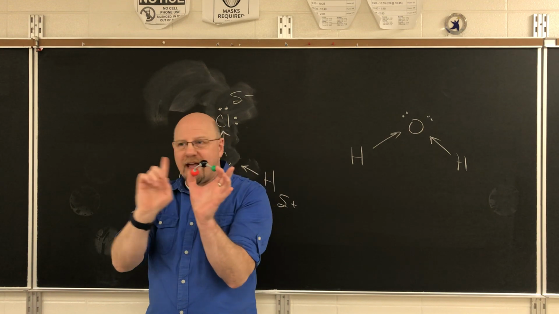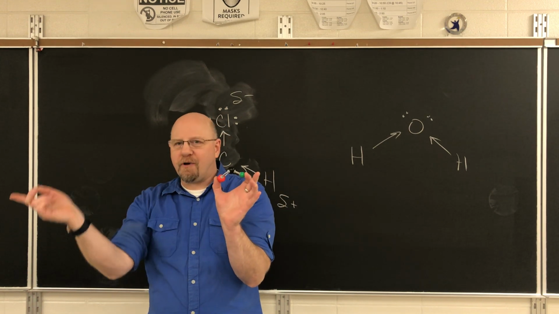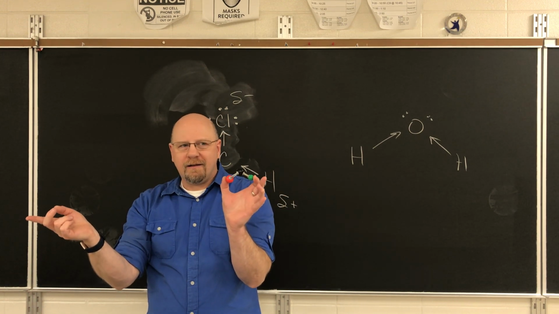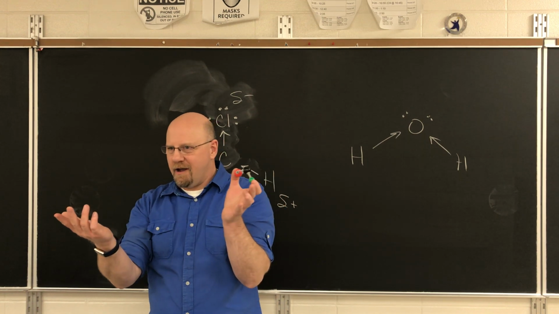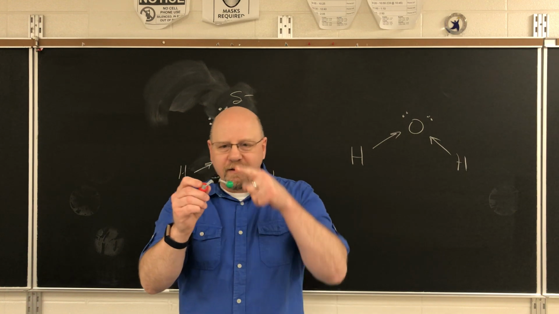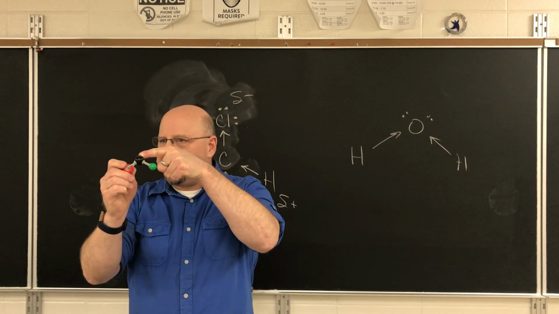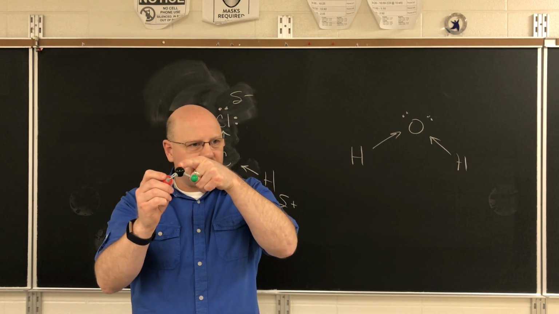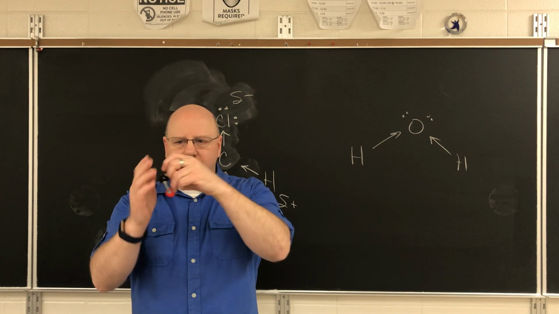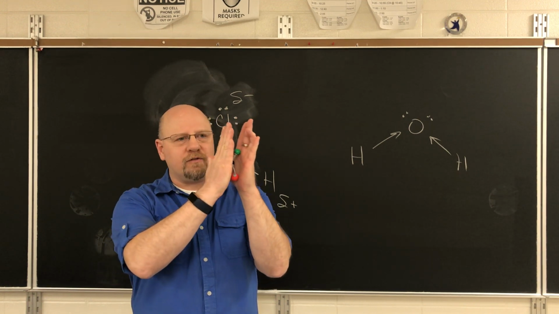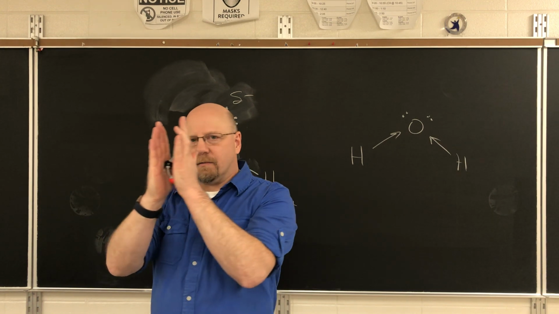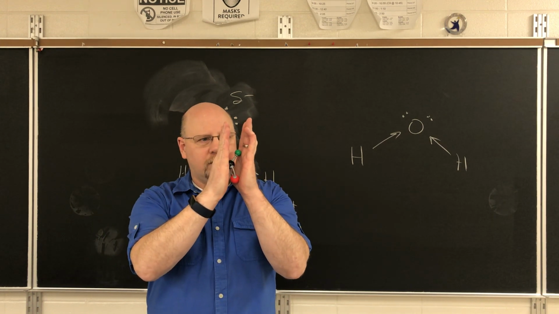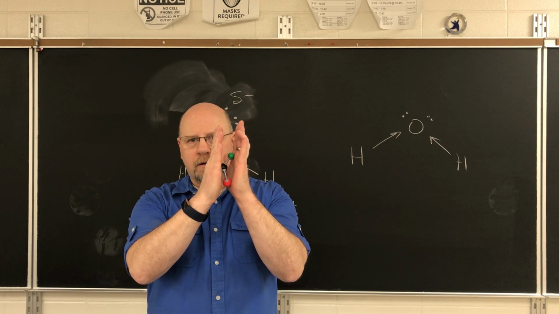Are they negative equally? No. Well, that means one's more what? Negative. Than the other, which is more positive. Okay? If both of these are negative, that makes this one in the center what? Positive. So, if I hold it like this, do I have distinct positives and negatives? Yes, I do. Polar. Okay.